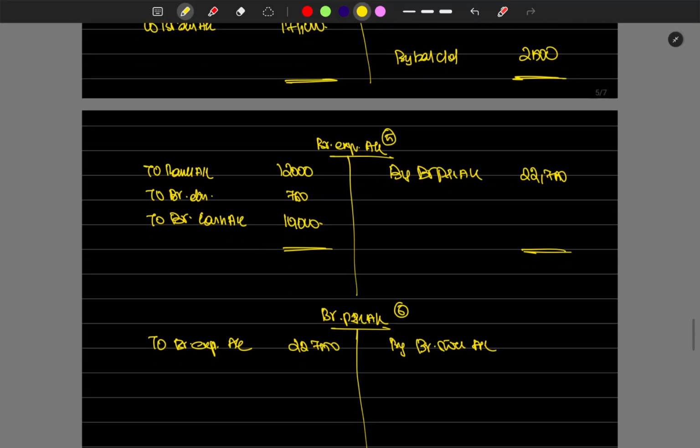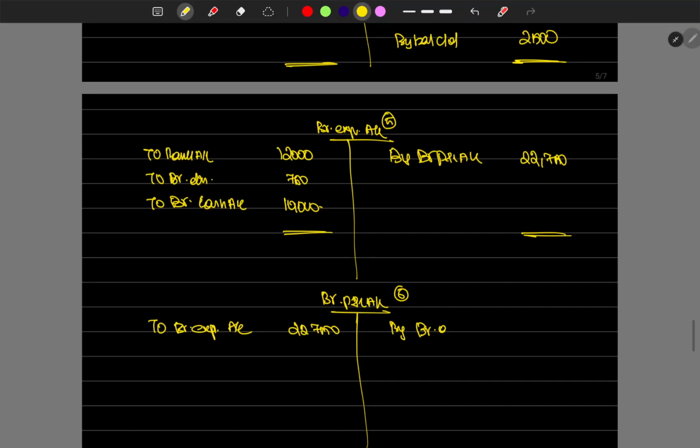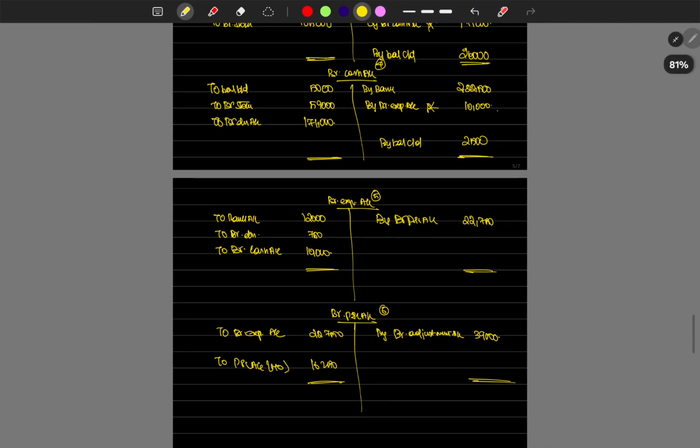So 39,000. In cost method only it will be available under branch stock account, and if it is invoice price, the gross profit is accumulated under branch adjustment account to P&L account of head office books. Okay, 39,000 minus 22,750, which is 16,250. That's it. We are ended.